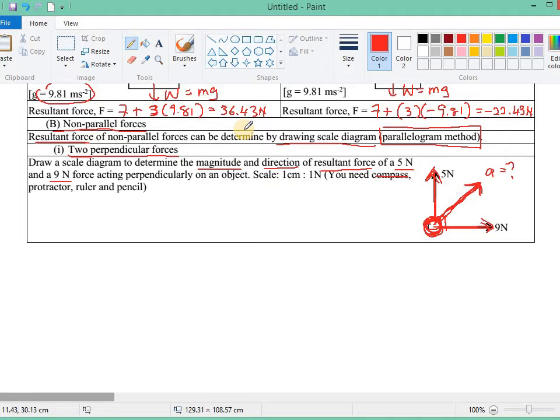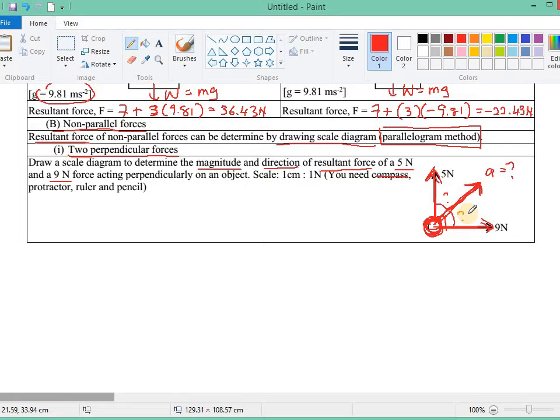And what will be the exact direction of this object? How do we determine the direction? We use an angle. So we can measure this angle or this angle to show the direction of this object.